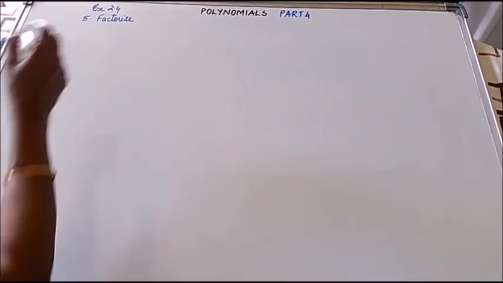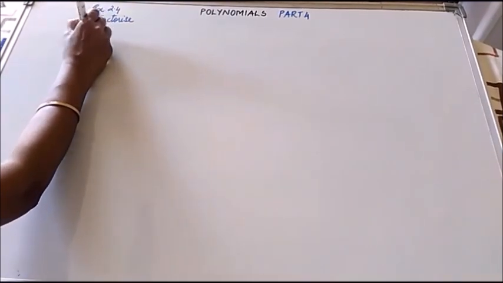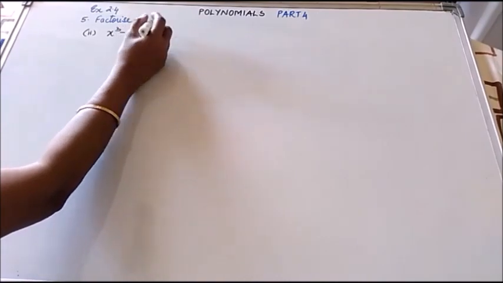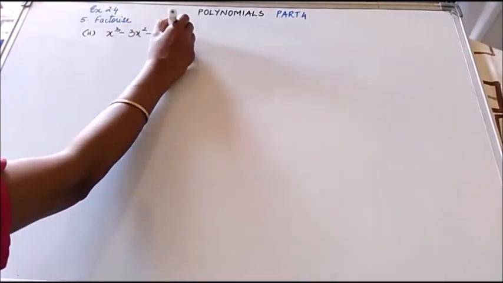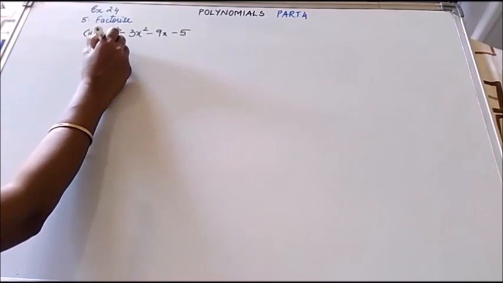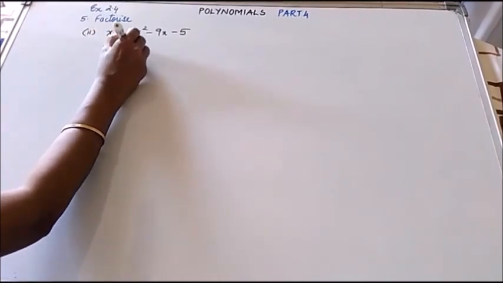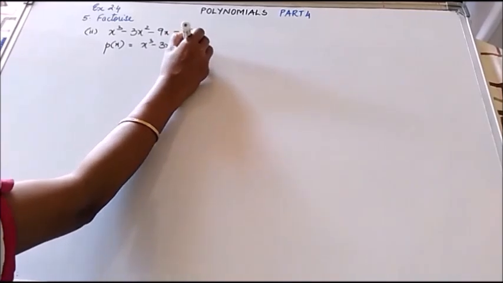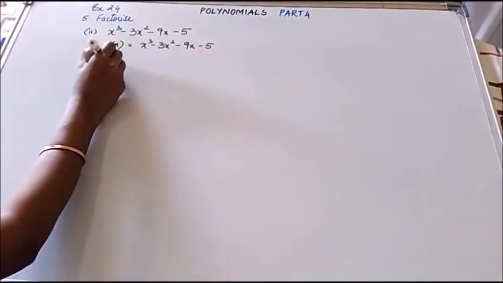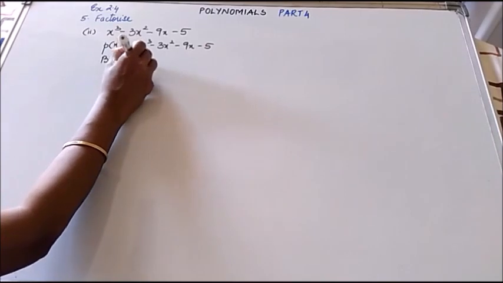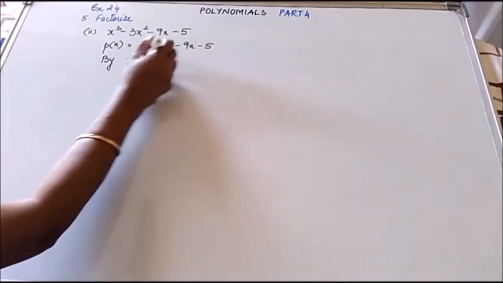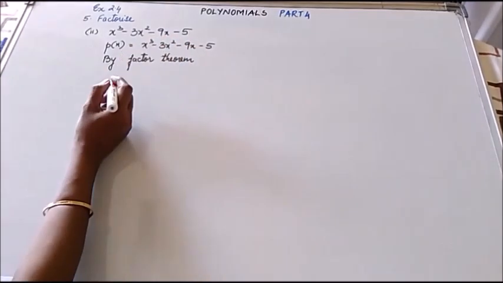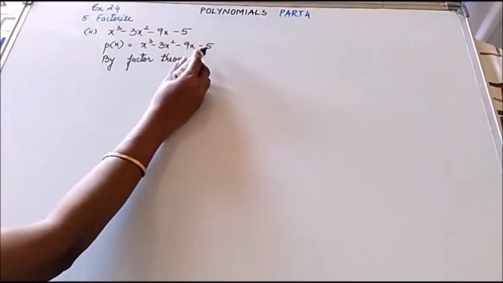Then the second question is factorize x cube minus 3x square minus 9x minus 5. Let us denote this by p of x. By factor theorem, the coefficient of the first term is 1 and the last term is minus 5.